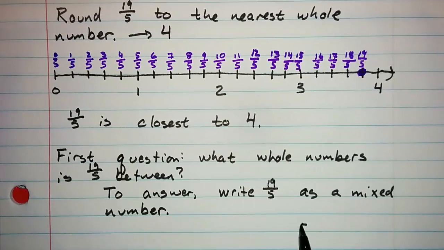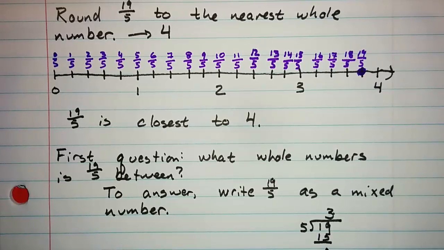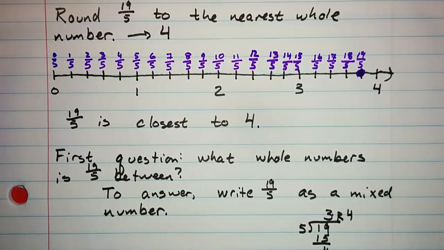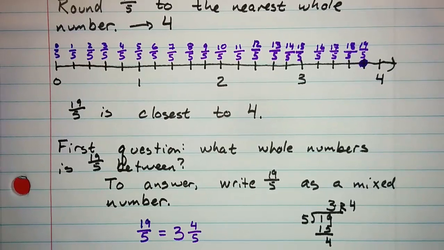So we'll divide 5 into 19. 5 goes into 1 not at all. 5 goes into 19 3 times, because 3 times 5 is 15, with 4 left over. So 19/5 is equal to 3 4/5.